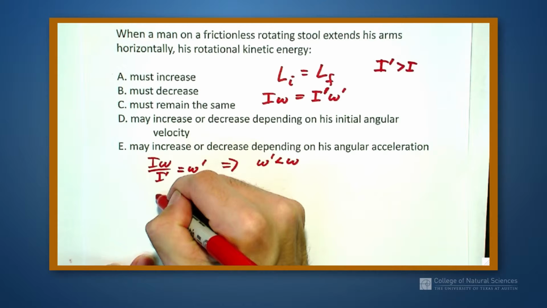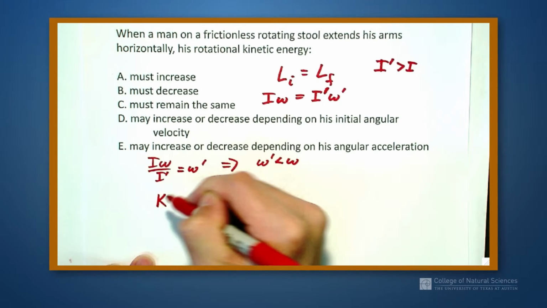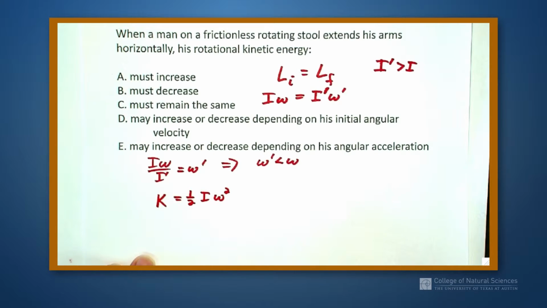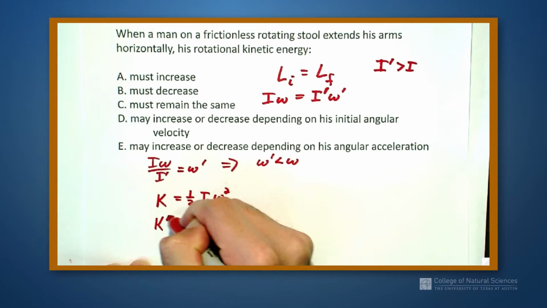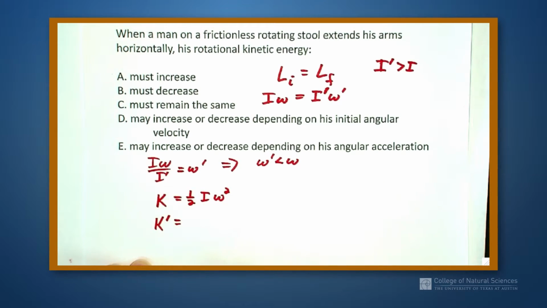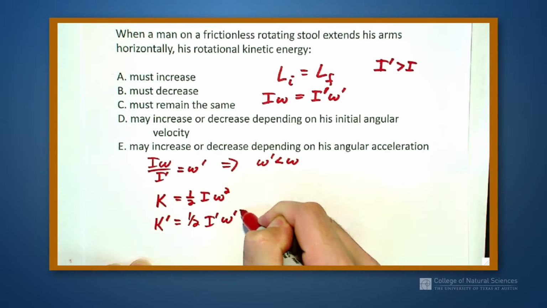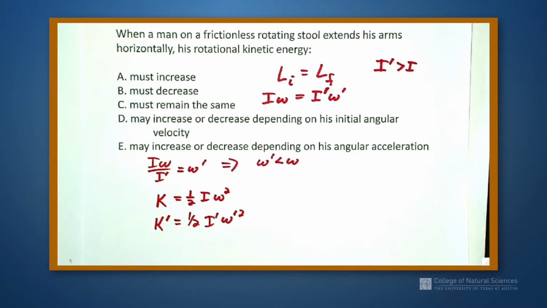So my original kinetic energy is 1/2 I omega squared. My final kinetic energy, I'm going to designate with a prime again, is going to be 1/2 I prime omega prime squared. So now I'm going to start substituting in some values and see if I can get something that I can compare to K original.